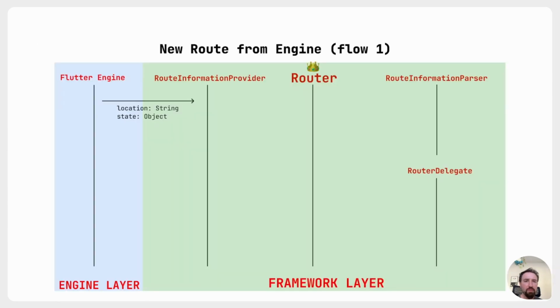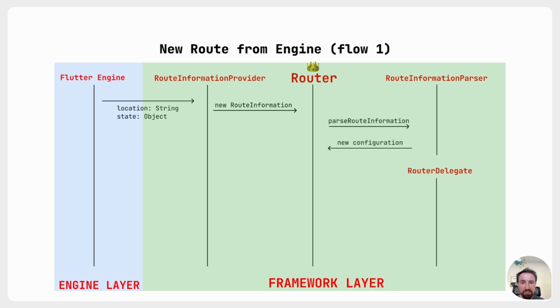Our first flow starts with the user typing the URL in the browser address bar. In this case, the engine adds the new address to the browser history and informs the framework layer with relevant data. The RouteInformationProvider component of the Router widget uses this data and provides a RouteInformation object to the Router widget.